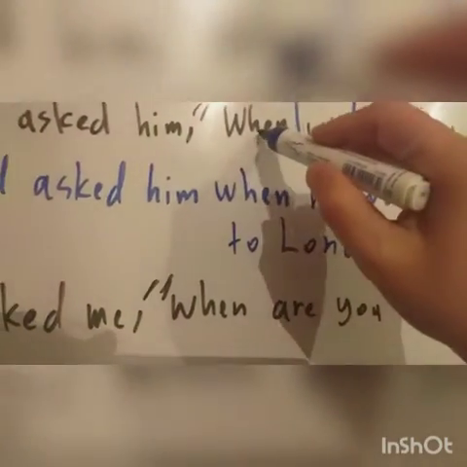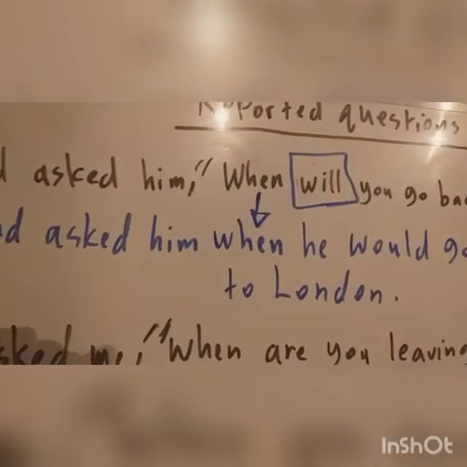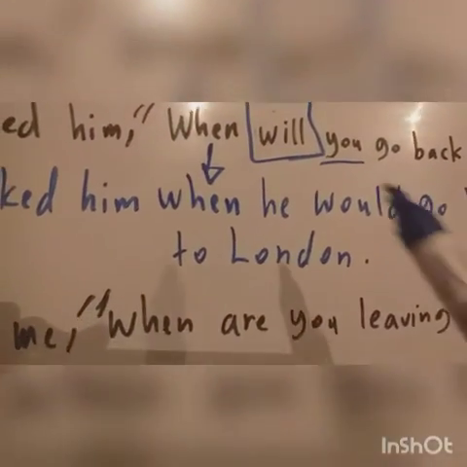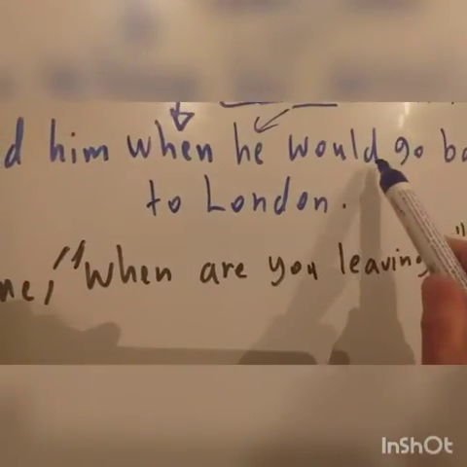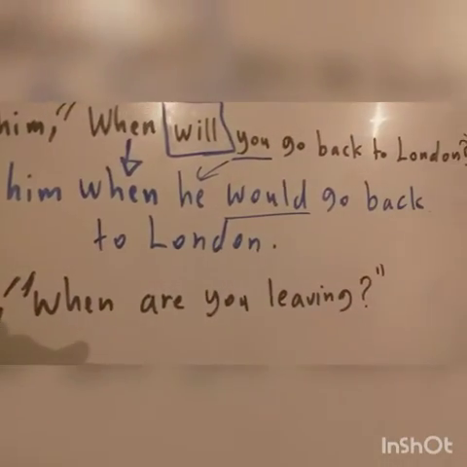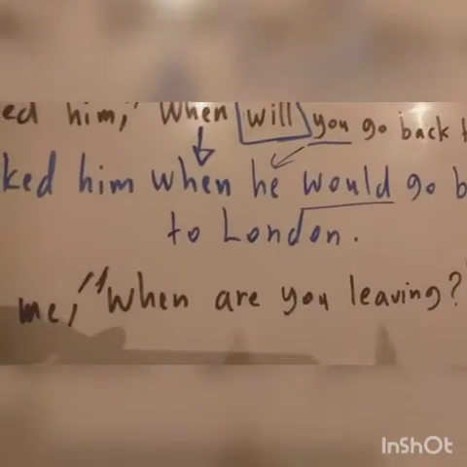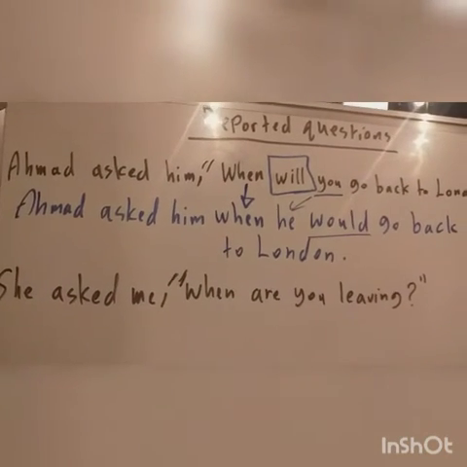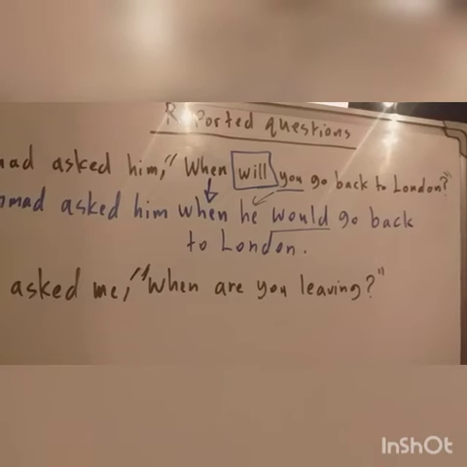So we begin the statement with the question word, and I've changed the pronoun you to he. So will now is would in the statement, and we end the sentence with a full stop. Ahmed asked him when he would go back to London.